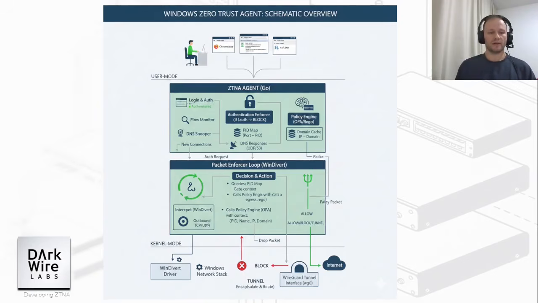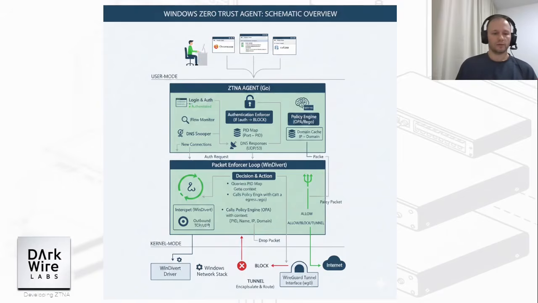In our demo, we'll implement 4 policy rules. The first rule is to deny all connections if a user is unauthenticated. Second rule, for authenticated users only, is to permit the Chrome browser to access .com domains only, and to deny access to any other domains.